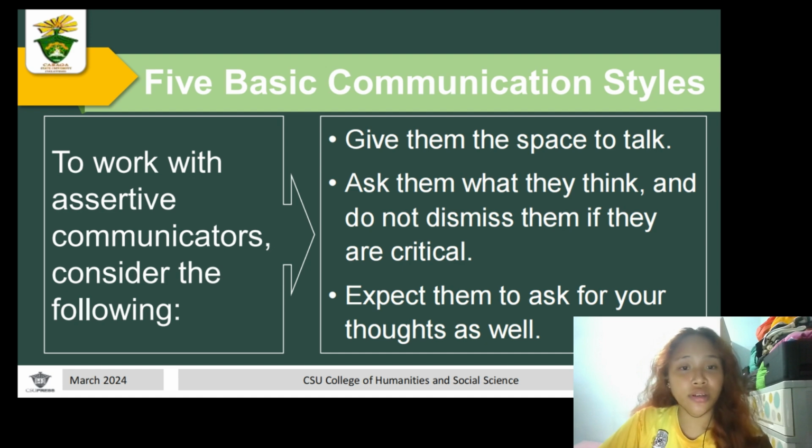This is in order for them to feel that they are a part of the conversation. Expect them to ask for your thoughts as well, because good communication involves good feedback.